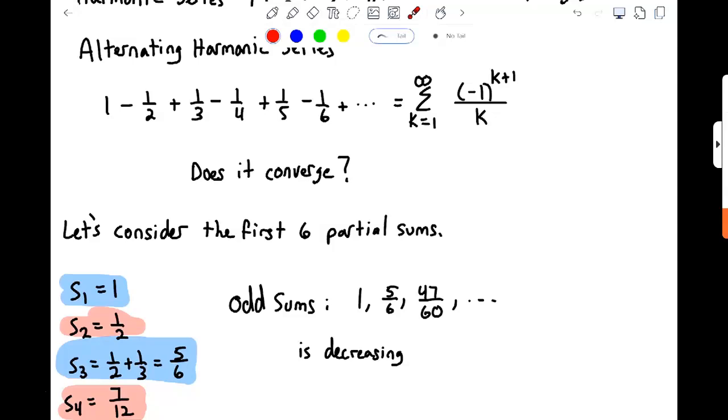Since it's always decreasing, this thing is just going to keep going down, getting smaller. We're always taking off a little bit more each time. This thing, though, is bounded from above by 1, and it's actually bounded from below by 0. So this thing here is always decreasing, and it's bounded.